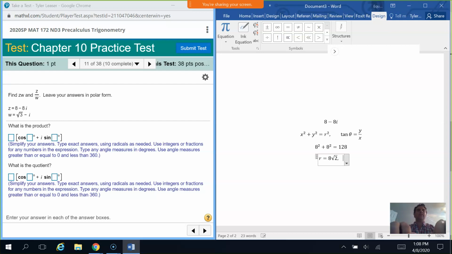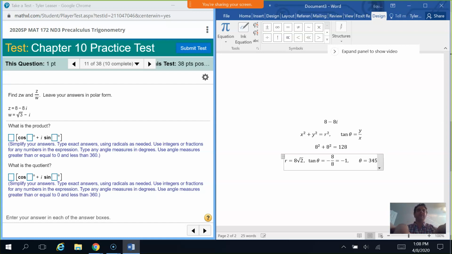For the tangent of theta, it's going to be equal to the y value, negative 8, divided by the x value, positive 8, which is negative 1. You have to make sure we're in the right quadrant again. So we go over a horizontal distance that's positive, a negative vertical distance. We're in quadrant 4. And in quadrant 4, tangent is negative 1 at the degrees, is it 345?